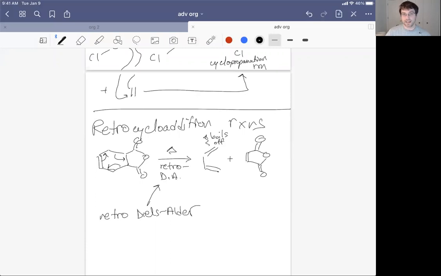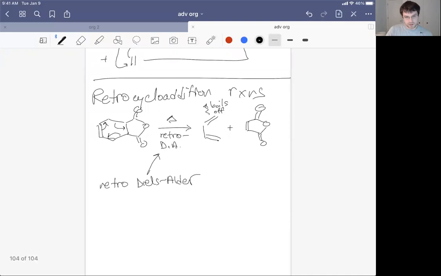But if you apply heat to the reaction, you shrink the energy gap between the two products, and any endo product that would be formed actually reverts back to the starting materials and ultimately gives rise to more of the exo product. So the fact is you can achieve reversibility even for a Diels-Alder reaction, which is kind of interesting.